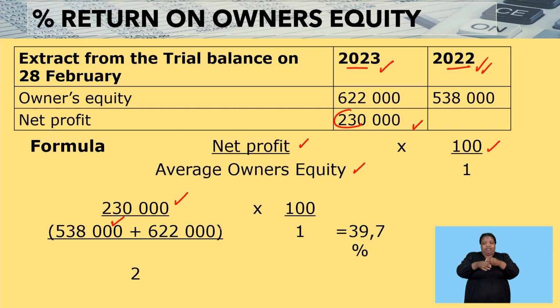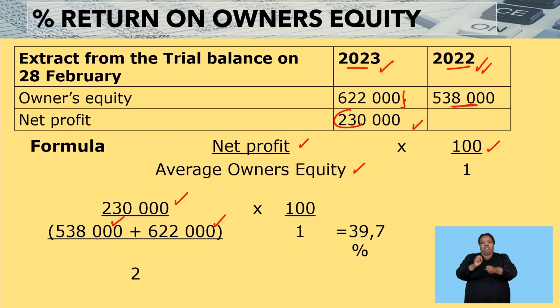Then you add it to the owner's equity in 2023, which is 622,000. All right, I'll say that again. You take your net profit, which is 230,000, you divide that by the average of 538,000, which is owner's equity for 2022, plus 622,000, which is owner's equity for 2023.